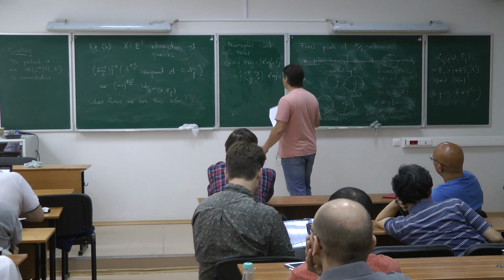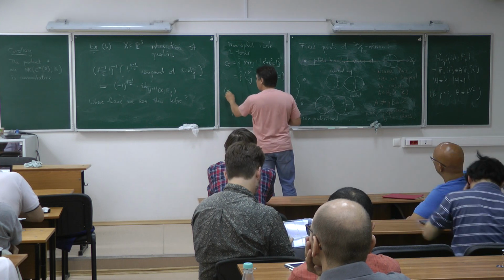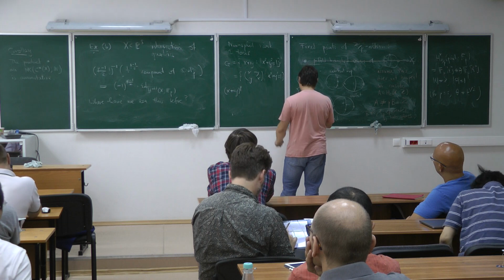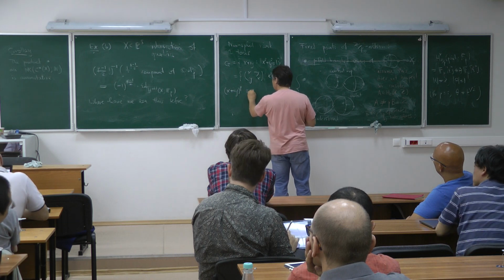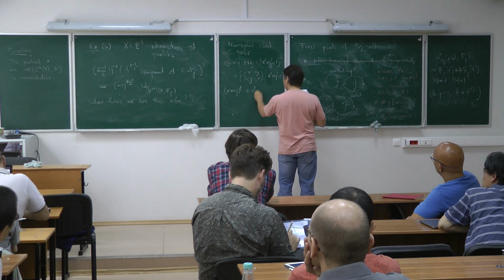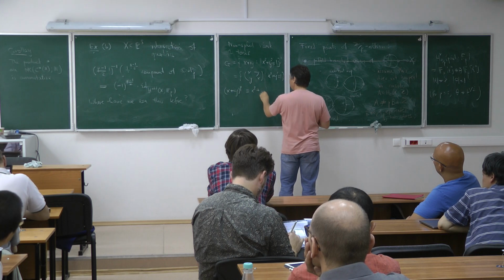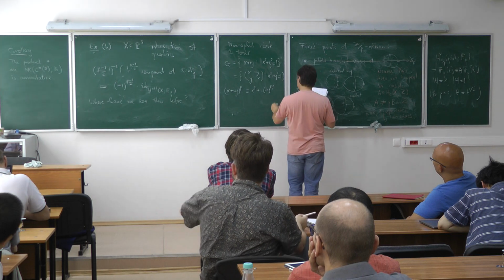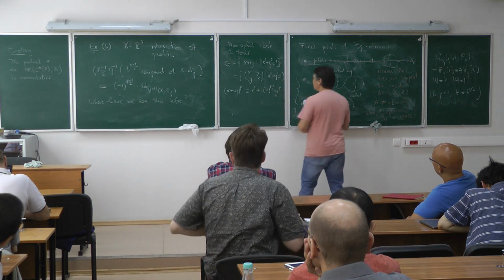And so if you take it mod p, only the two leading order terms survive: (p-1)/2, y to the p.